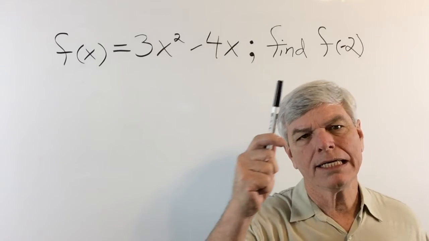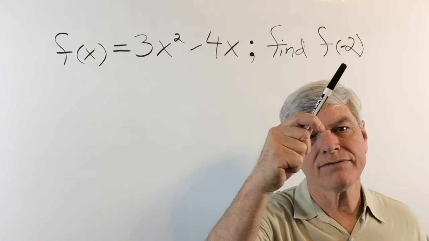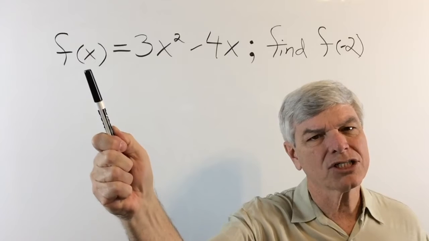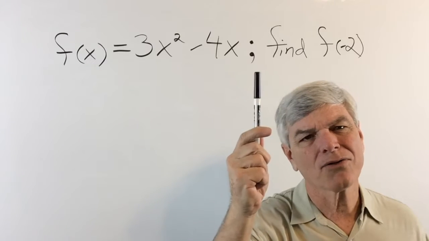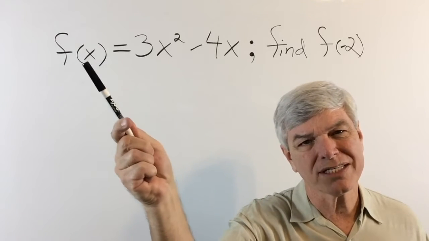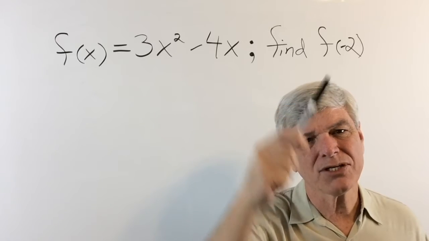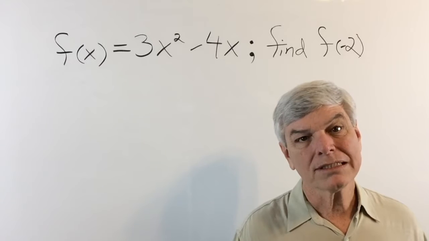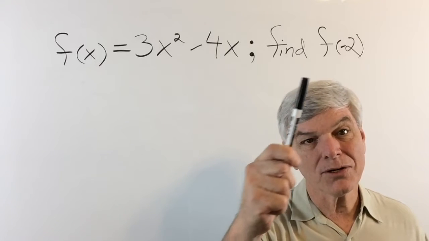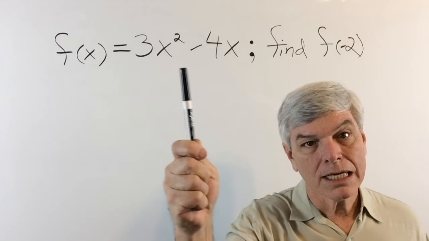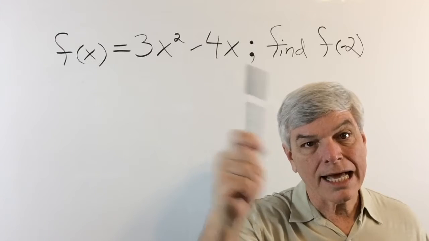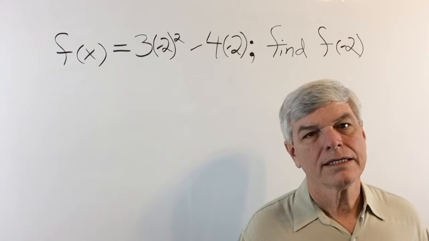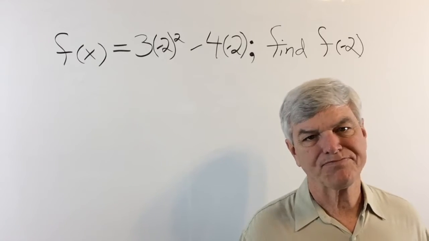You can see that's the function of negative 2 and that's the function of x. Basically all they're saying is, when this x equals negative 2, what is the function going to be? Well, just substitute negative 2 into x and x. That's pretty simple.